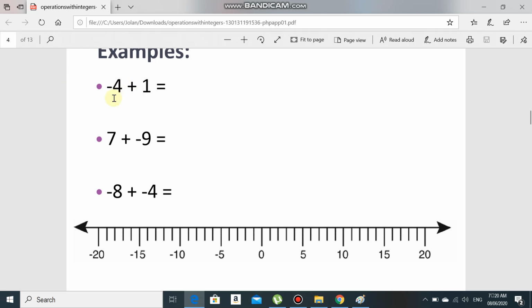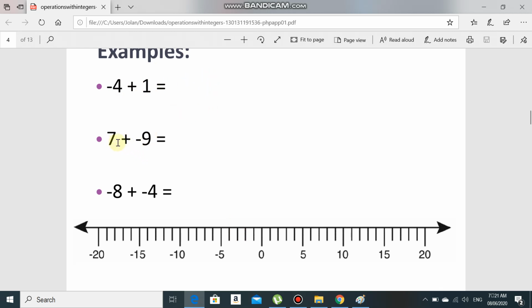The first number is located to the left of 0. This is -4. The second number is positive, so we move to the right by 1 unit. We start from -4, count 1 unit to the right, and this grid has the value of -3. The sum of this example is -3.